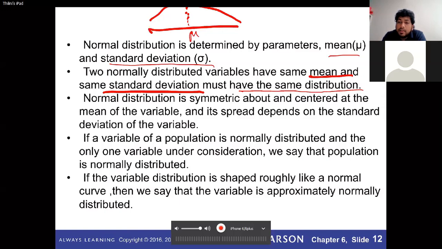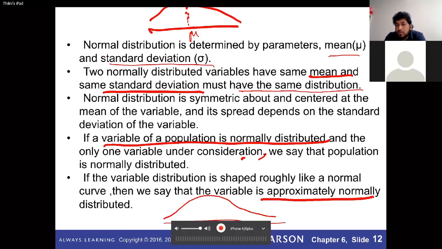If our variable is normally distributed, if a variable of the population is normally distributed, the variable under consideration, we say that the population is normally distributed. If the variable's distribution shape is roughly a normal curve, then we say that the variable is approximately normally distributed.